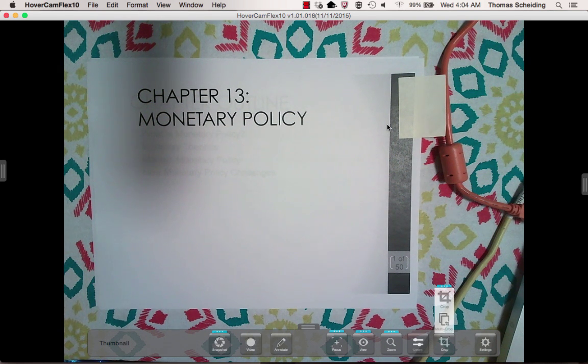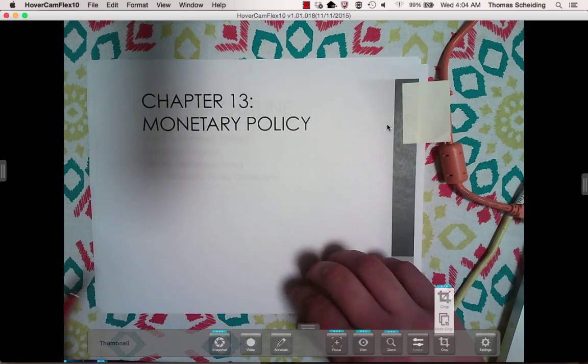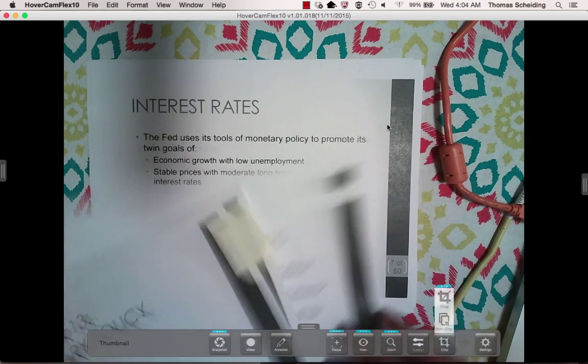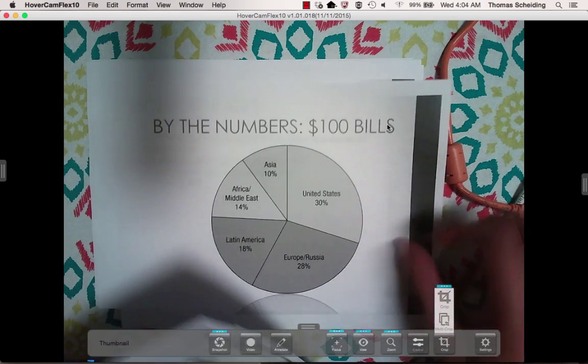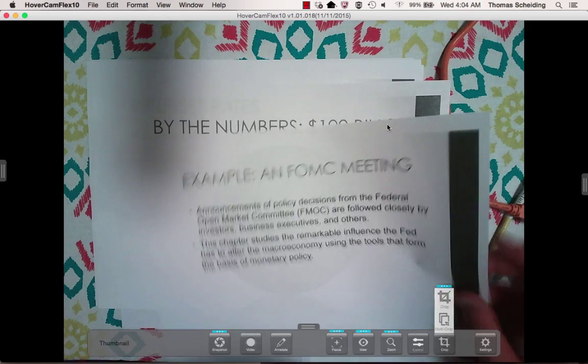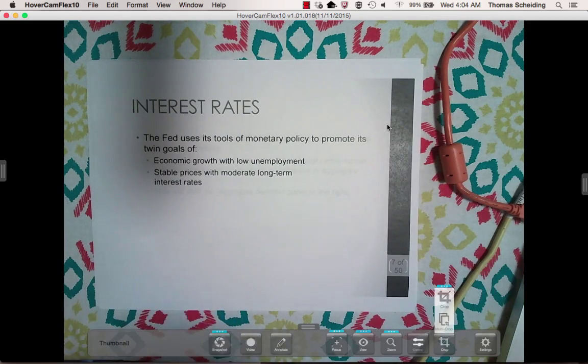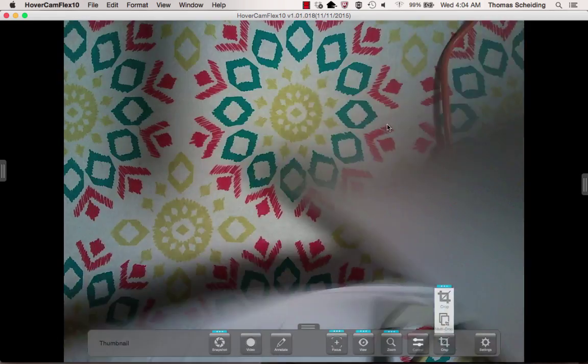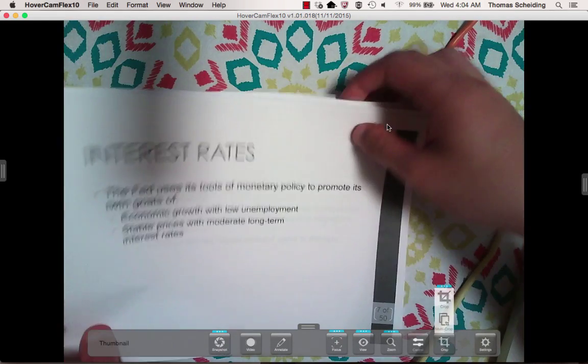In Chapter 13, we're just doing a little bit more of a deeper explanation of monetary policy, and specifically what we're doing here is trying to get this idea of when the Federal Reserve is intervening using interest rates, what is it trying to do?